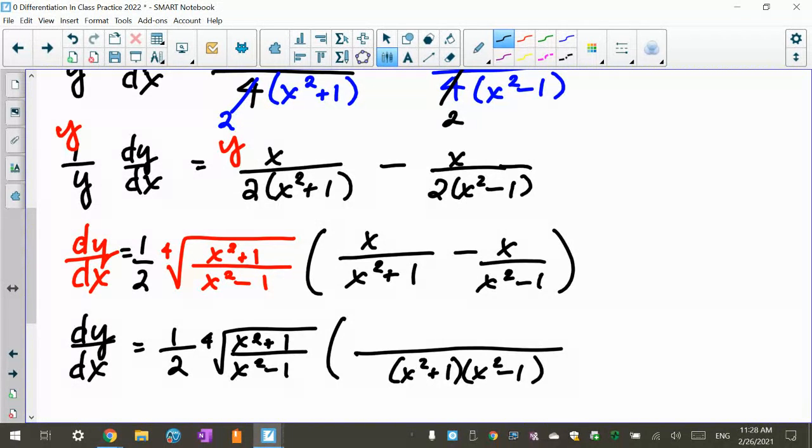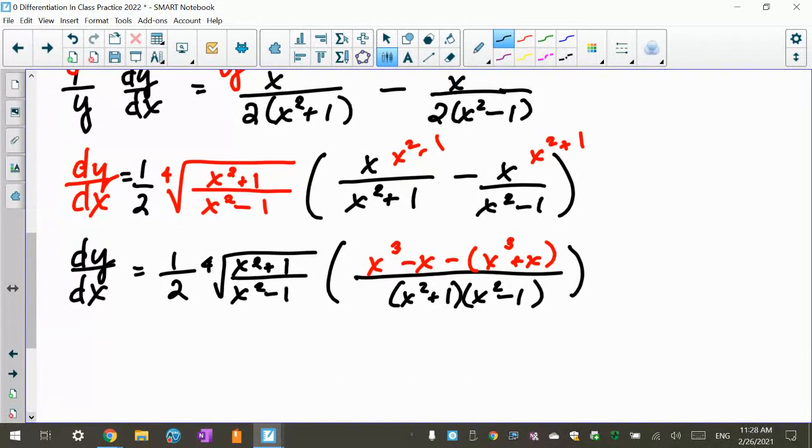And when I do the common denominator, you've done this so much, you're going to multiply this x by this denominator. So I end up having x cubed minus x minus, and then I'm going to multiply this x by this denominator. So I have x cubed plus x. And then here we're just going to simplify everything. So we're nearing the end here.